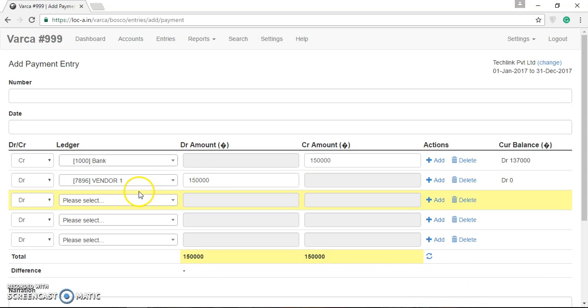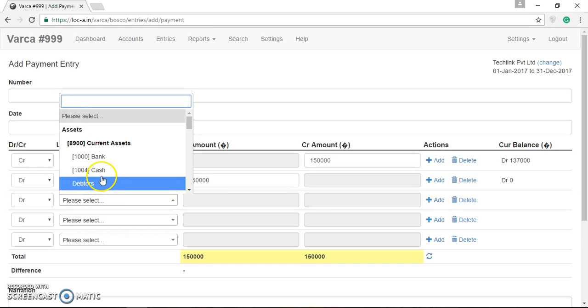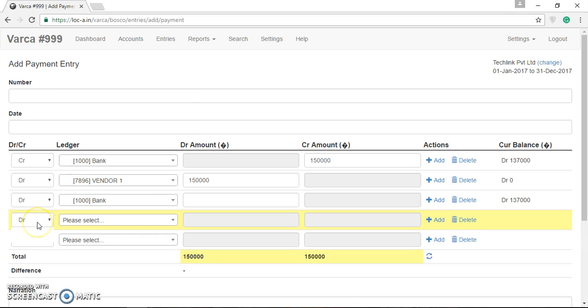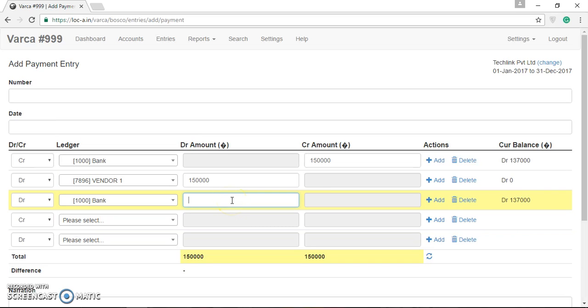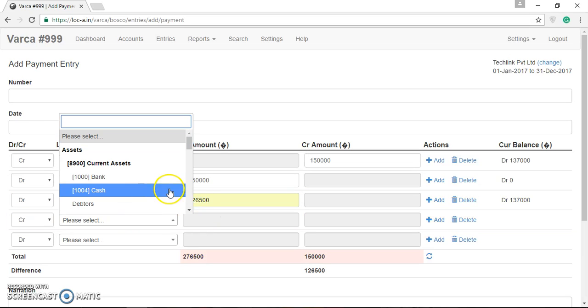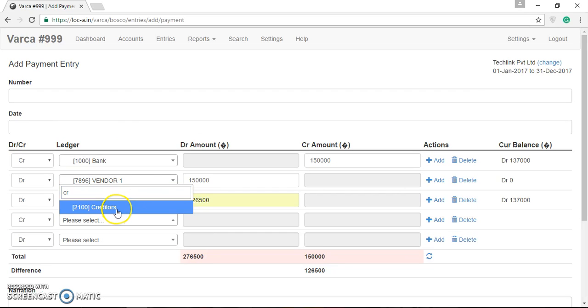Also, we have made another entry where we have borrowed money from the creditor. So we debit bank account on the same day, we credit, we can search immediately here like this.